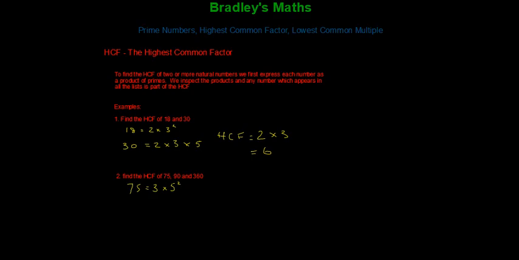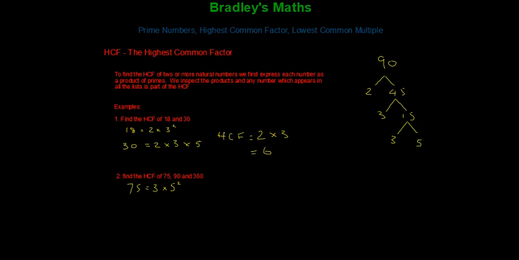Okay, 90. 90 is an even number, so it can be divided by 2, and 2 45s are 90. 45 is an odd number. It can't be divided by 2, but it can be divided by 3. 3 15s are 45. 15 can also be divided by 3, and 3 5s are 15.